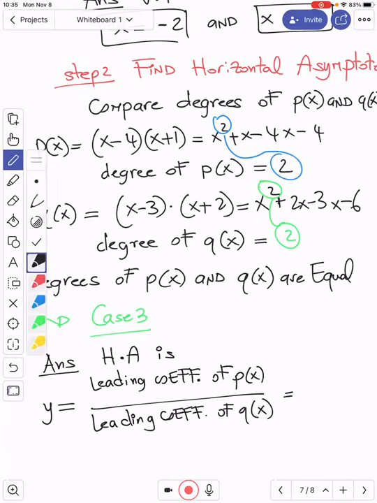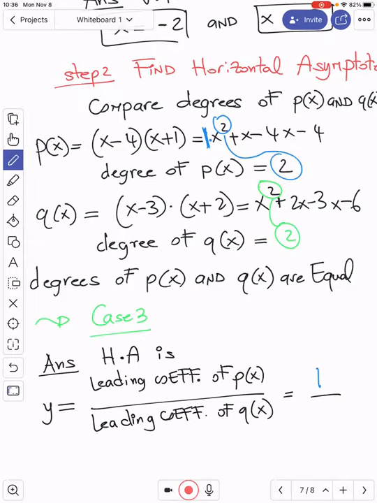For P, the leading coefficient is the coefficient in front of the highest power of X. So you have X squared, right? This is like 1 times X squared. So in front of X squared, we have 1. So that will be 1 here over the leading coefficient of Q.